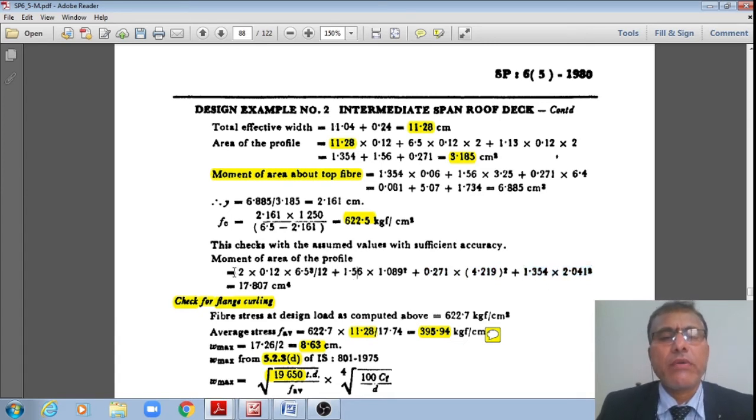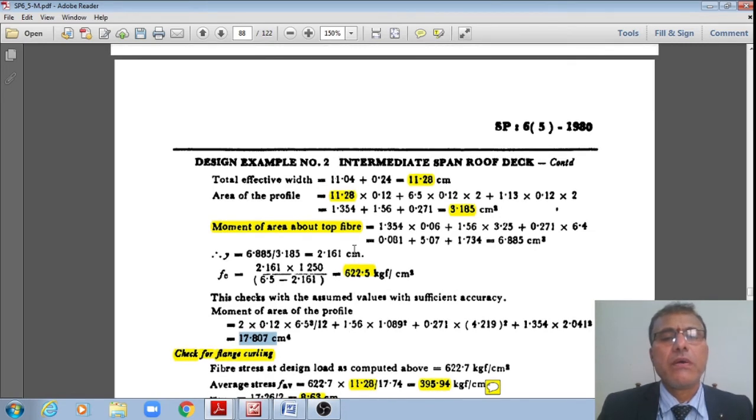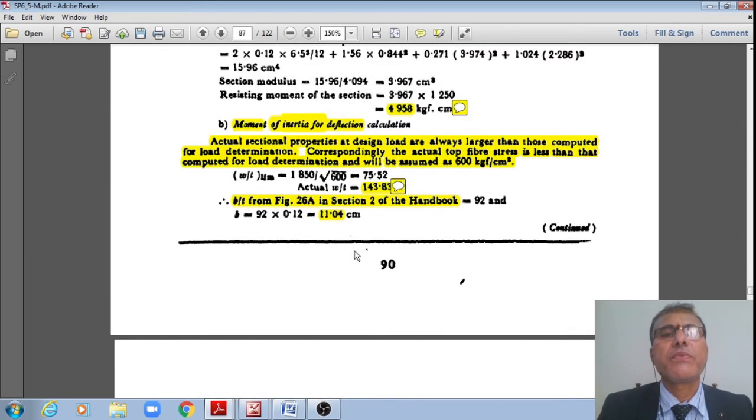I think you know how to calculate the moment of inertia of a given section, student, right? I'll not explain that elaborately. Therefore, it works out 17.807 centimeter to the power 4. That is the moment of inertia of this profile, right?